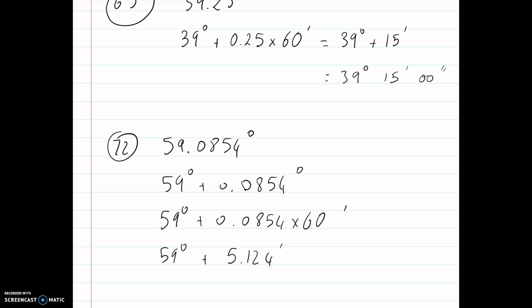Now I need to transform 0.24, so now I'm getting 59 degrees 5 minutes plus 0.24 multiplied by 60 seconds.